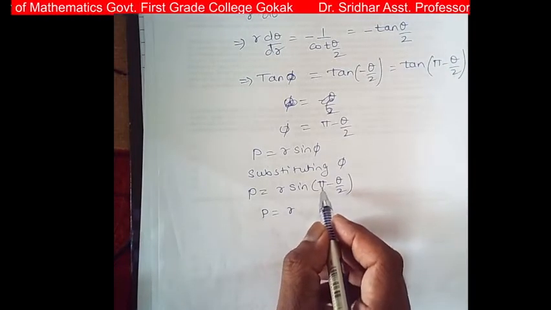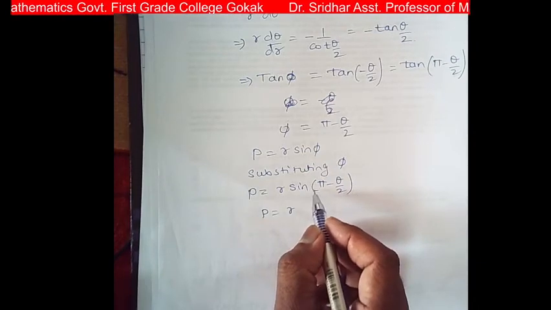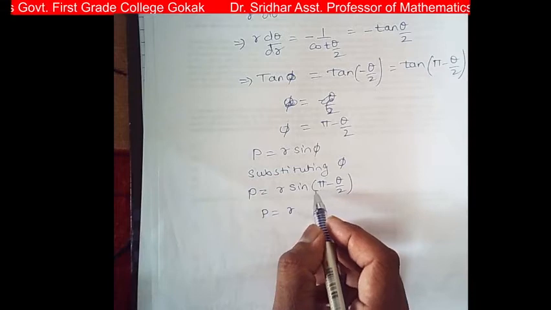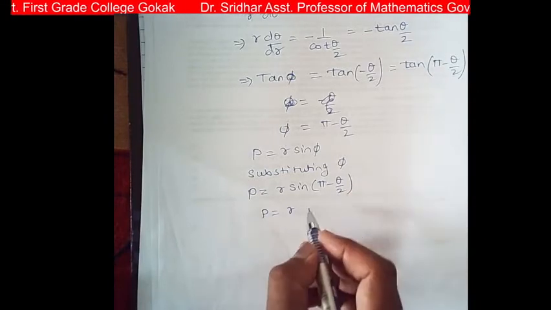So sin remains sin only, because it is an even multiple of 90, so sin remains sin only.